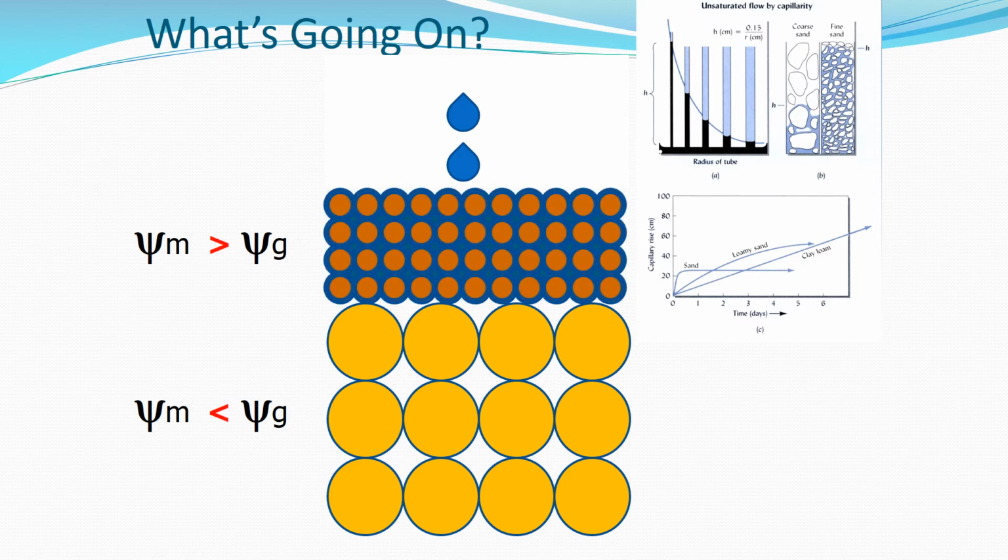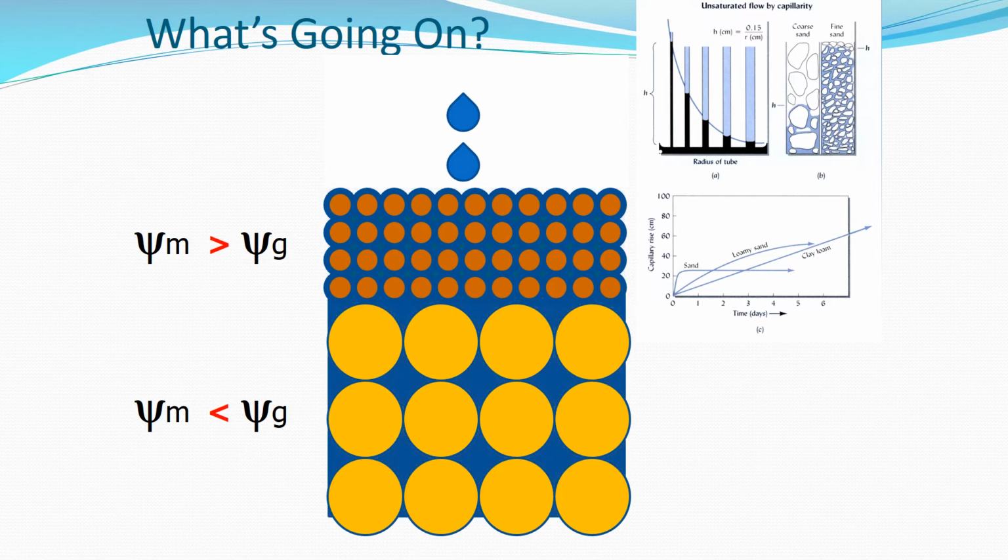Once that layer gets fully saturated, then gravitational potential takes over and the water flows into the subsurface with the larger macropores. Ultimately, what this was before it flowed into the subsurface is called a perched water table. So this stratified soil texture situation ultimately can end up in a perched water table.